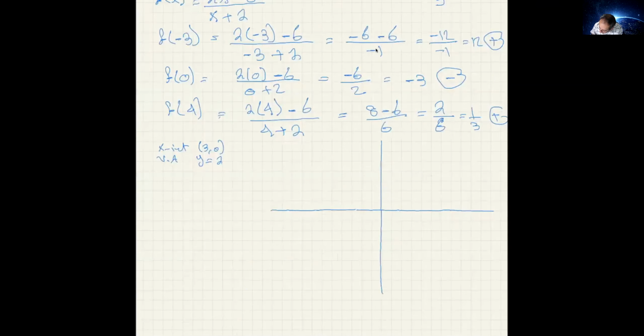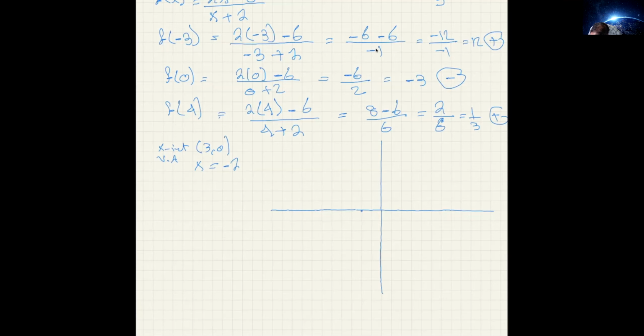So here is x is 3 and 0. The vertical asymptote is x equal -2. So I'm going to go here and plug -2.